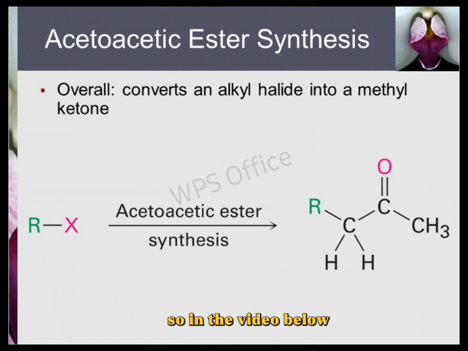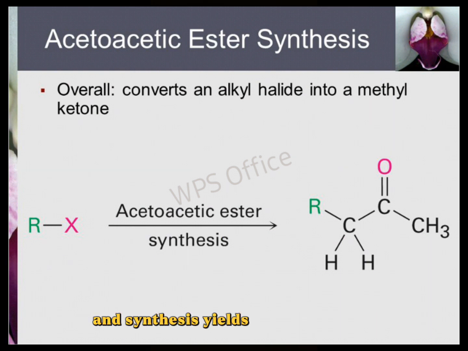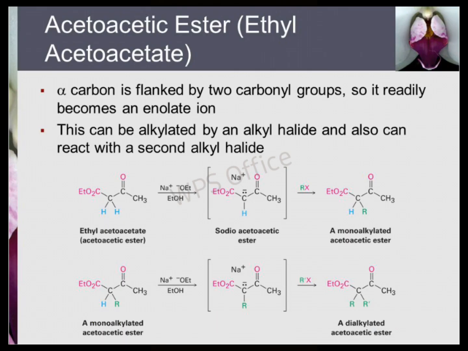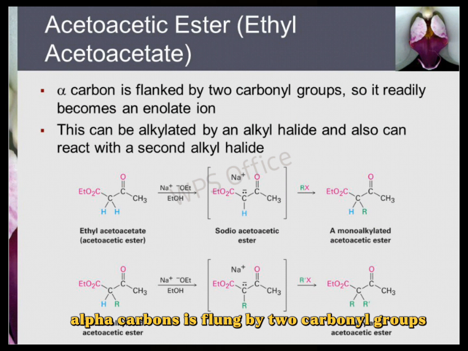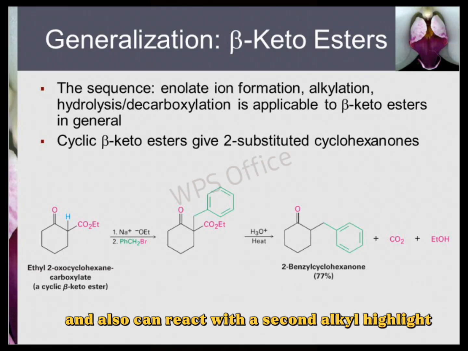In the figure below, you can see that R reacts with X. Acetoacetic ester, also known as ethyl acetoacetate, has an alpha carbon flanked by 2 carbonyl groups, so it readily becomes an enolate ion. This can be alkylated by an alkyl halide and can also react with a second alkyl halide.